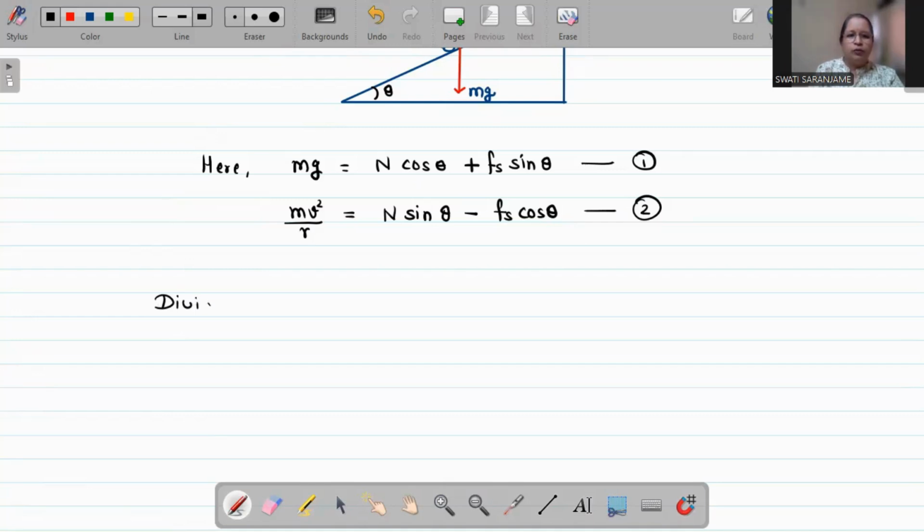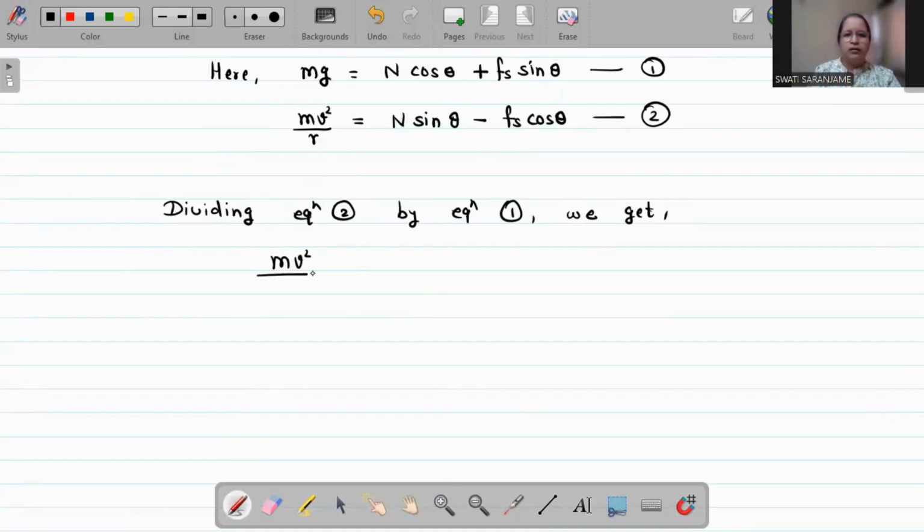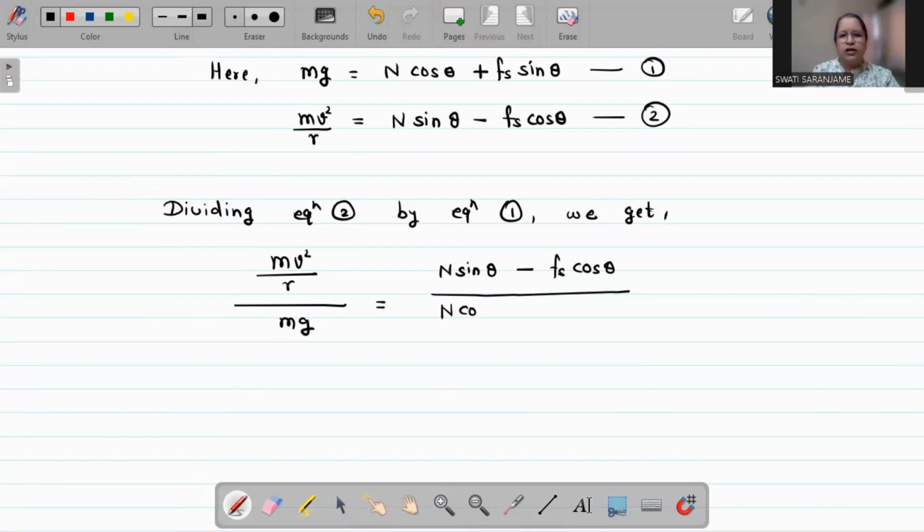Dividing equation 2 by equation 1, what we get is mv square by r divided by mg, which is equal to n sine theta minus fs cos theta upon n cos theta plus fs sine theta.